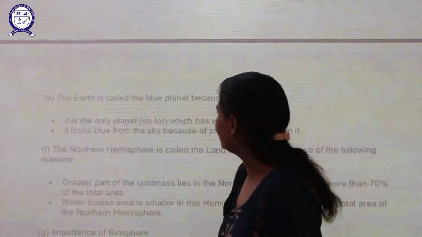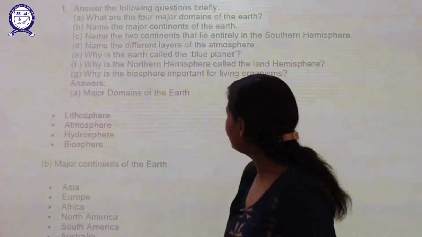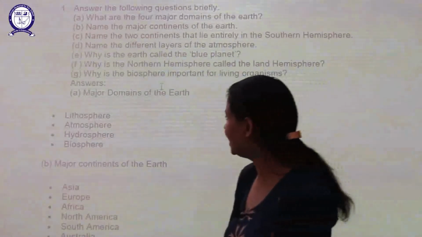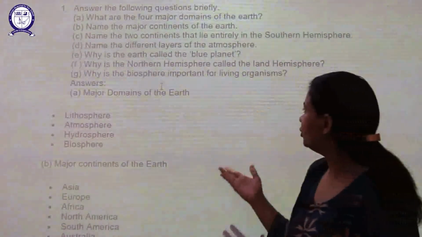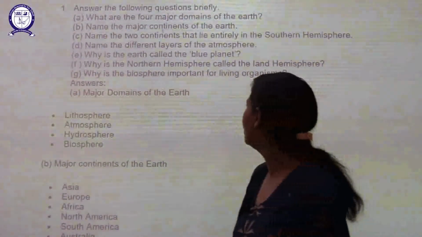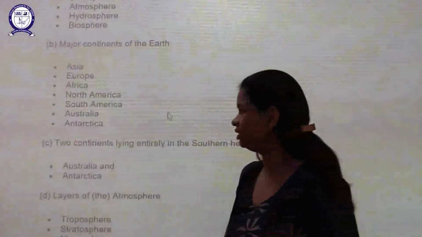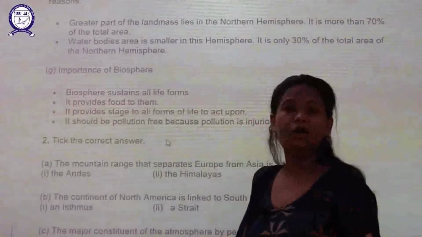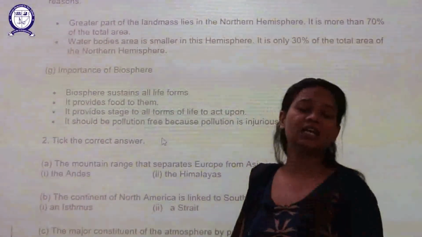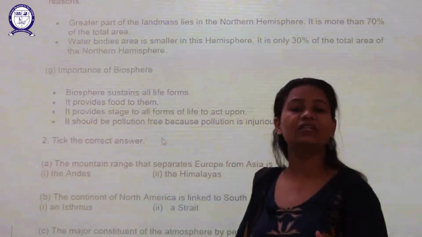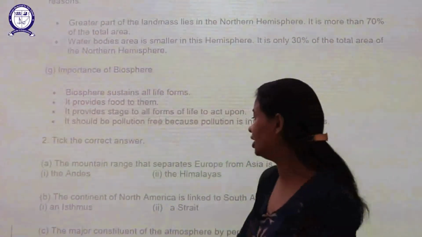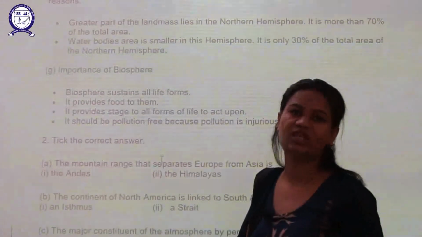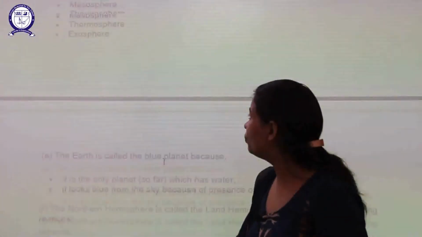The next question, which is your second last question from the very short answer questions, is, why is the biosphere important for living organisms? This also I told you and gave examples of, like plants and animals. Because of the biosphere only, they are interdependent, they are interrelated with each other. That is why it is important.